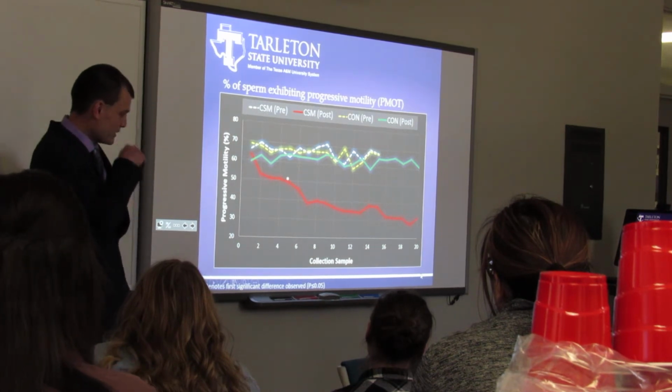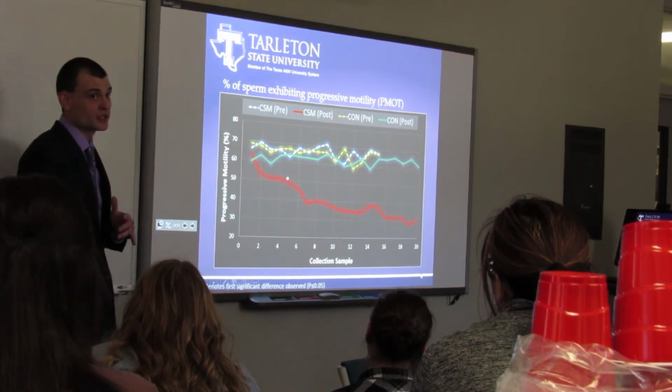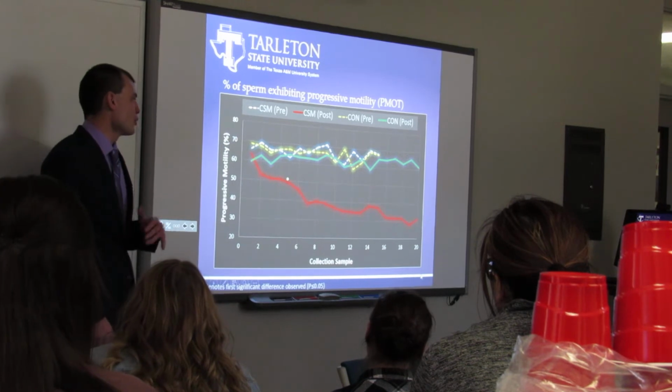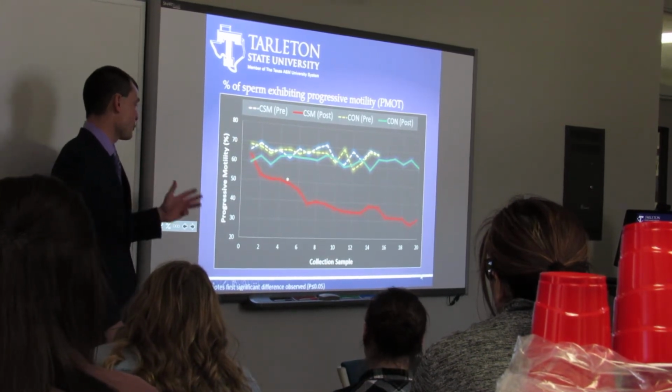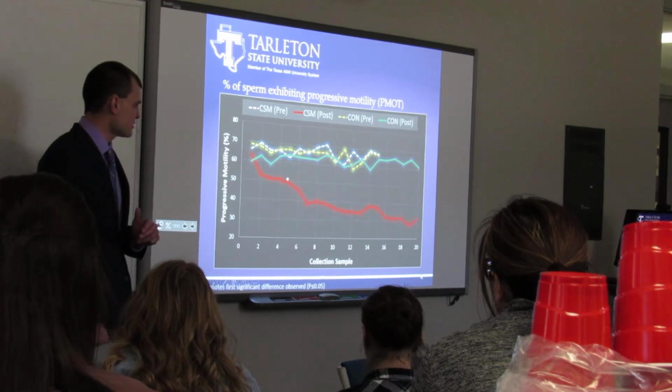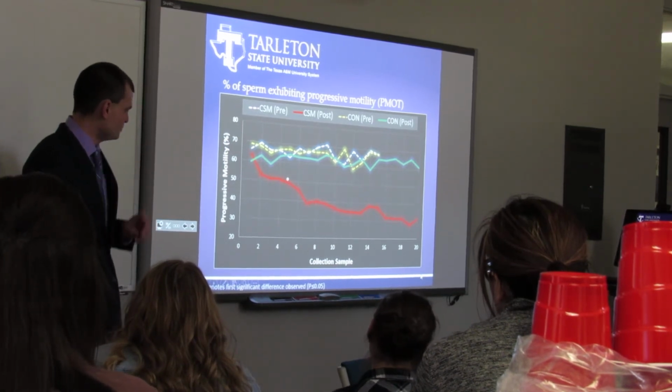So we observed our first significant difference in progressive motility at collection sample number 5, and reported lower averages for the remainder of the study, while our other 3 groups seem to be still following the same trends.